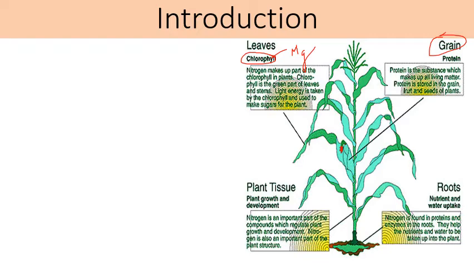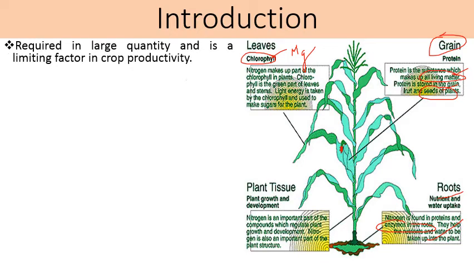Protein is a substance which makes up living matter, and protein is also stored in legumes and some other seed plants, where protein is present as a stored food material. In roots, nitrogen is found in proteins and enzymes, and they help nutrients and water to be taken up into the plant. So roots play an important role in the absorption of minerals and water.